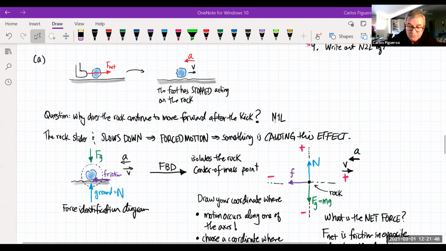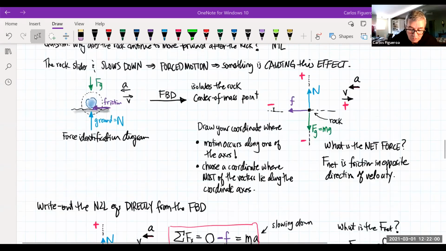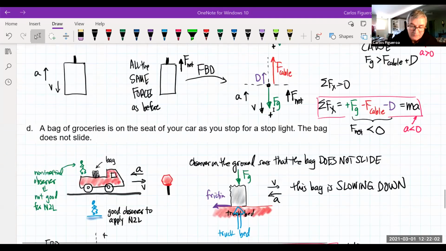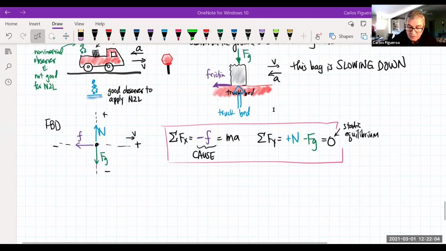It's because of Newton's first law. Why does the bag continue to move at constant velocity? Because of Newton's first law. No force is required to keep it in that state. So that bag continues to move forever unless something is forcing it to slow down. What's forcing the bag to slow down? It's the force of friction. Got it. Thank you.